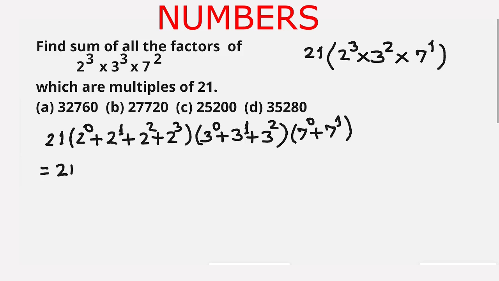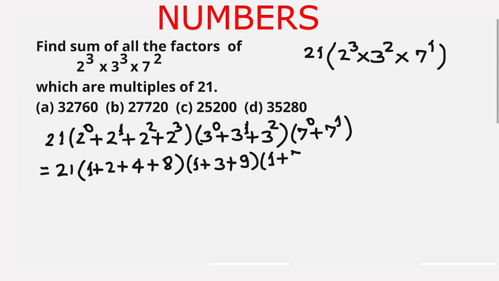This is equal to 21 into 2 to the power 0 is 1 plus 2 to the power 1 is 2 plus 2 to the power 2 is 4 plus 2 to the power 3 is 8, into 3 to the power 0 is 1 plus 3 to the power 1 is 3 plus 3 to the power 2 is 9, multiplied by 7 to the power 0 is 1 plus 7 to the power 1 is 7.